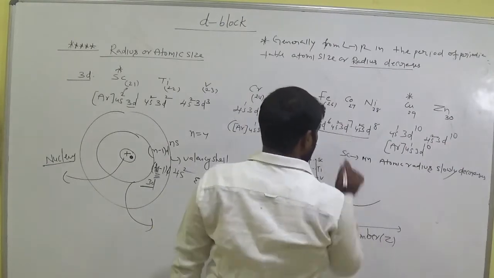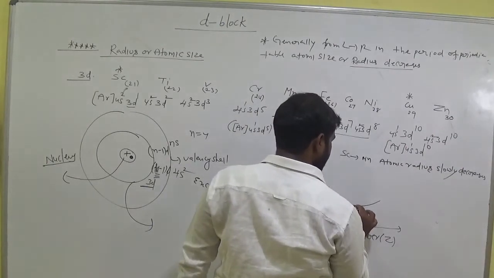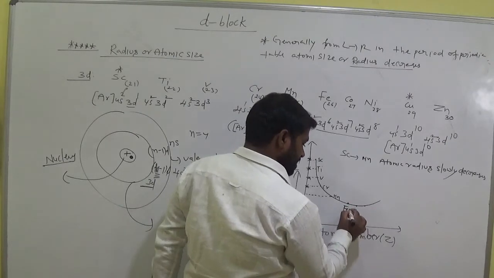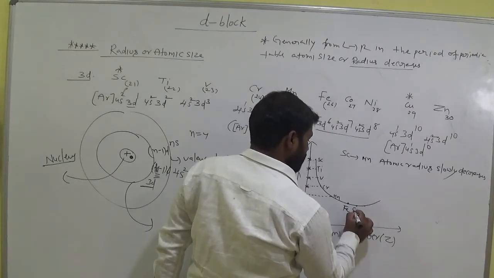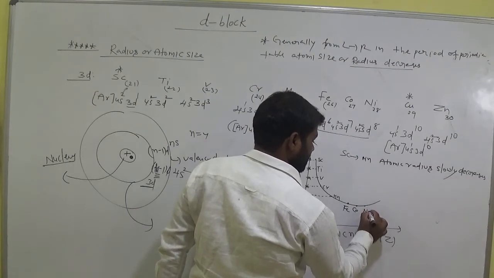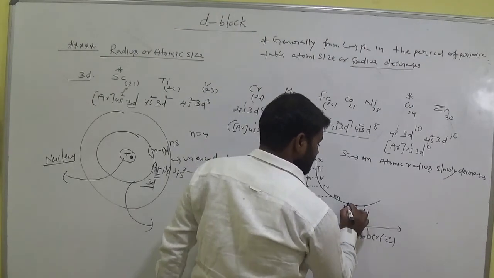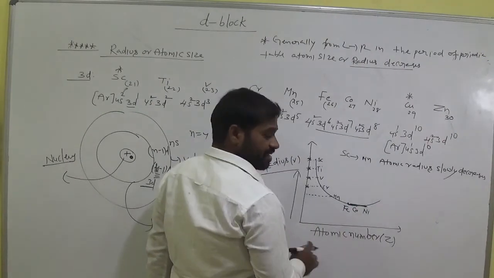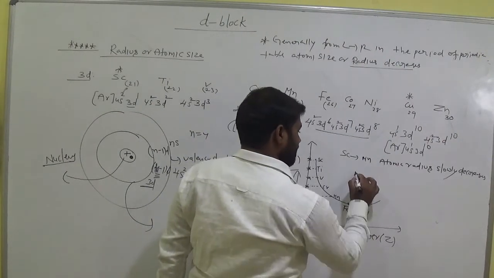So when we come to iron, these three are iron, cobalt and nickel. It is the middle of the curve, and the middle of the curve is almost all the same.